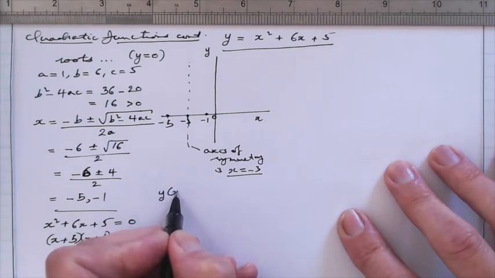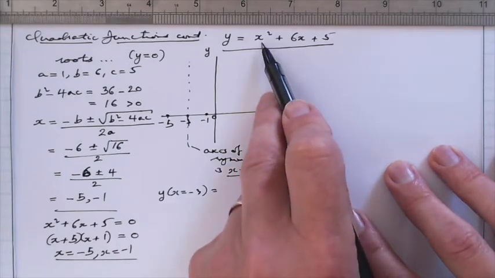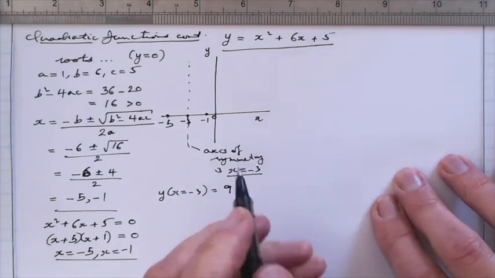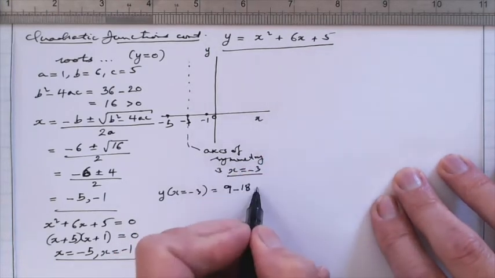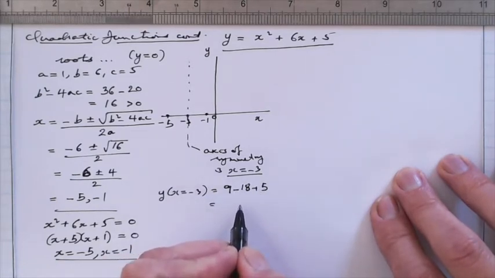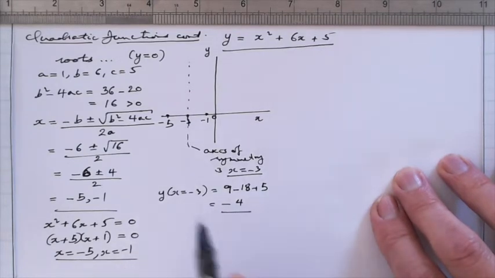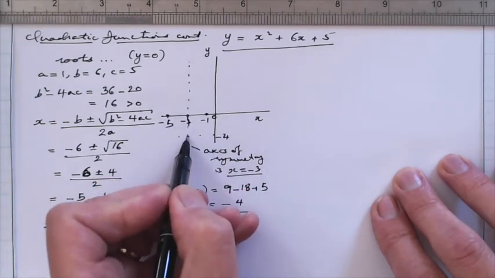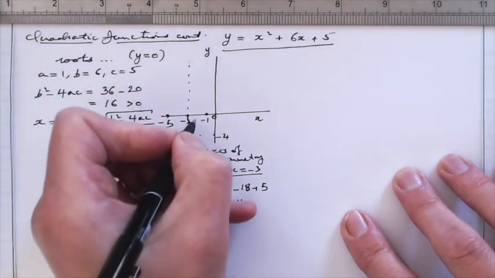So y when x is negative 3 equals x squared, so negative 3 squared is 9, plus 6 times x, 6 times negative 3 is negative 18, and then plus 5, which is minus 9 plus 5, which is minus 4. Okay, so that's going to be the turning point then, y is negative 4, x is negative 3, there's the minimum, and we'll have then this quadratic function.